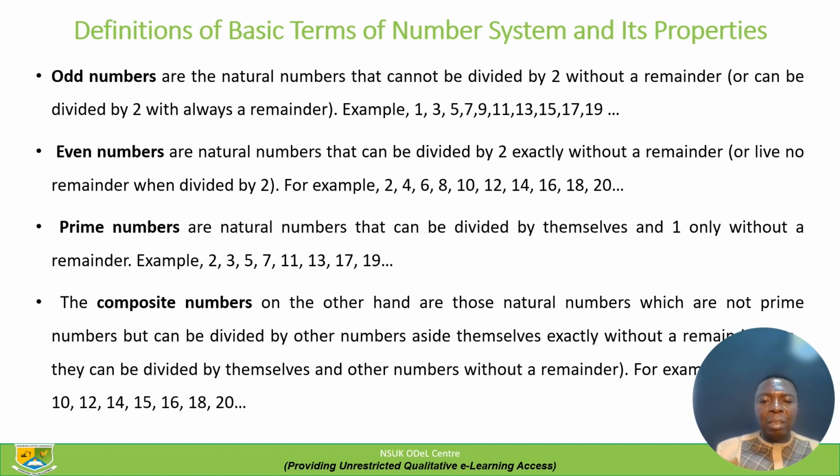On the other hand, composite numbers are those natural numbers which are not prime numbers, but can be divided exactly by other numbers aside from themselves without a remainder. For example, we have 10, 12, 14, 15, 16, 18, 20. All these numbers can be divided by other numbers besides themselves without a remainder.